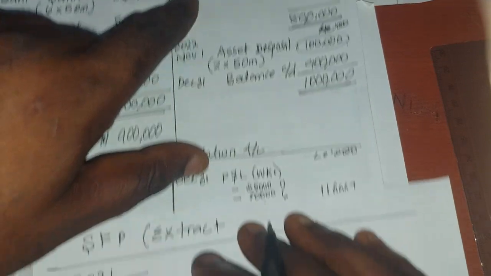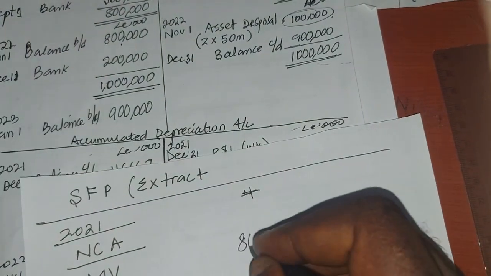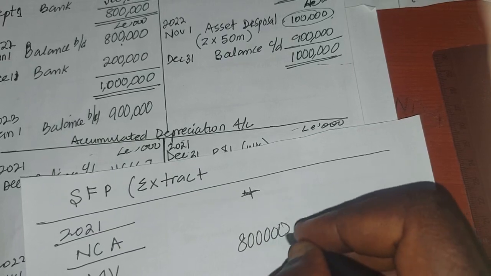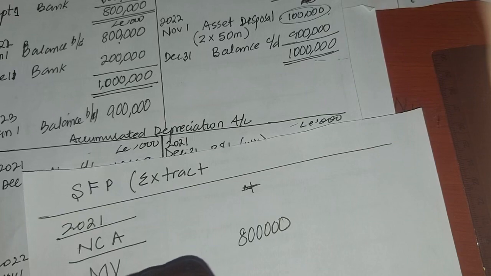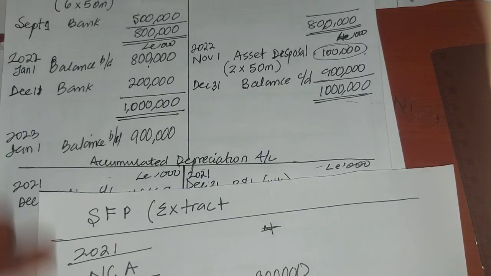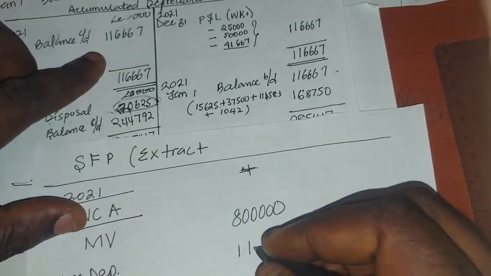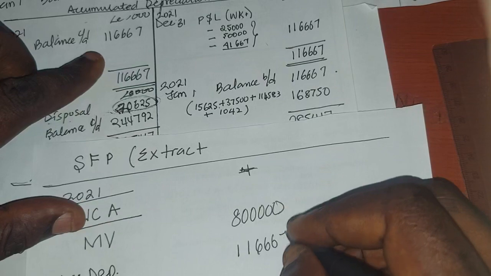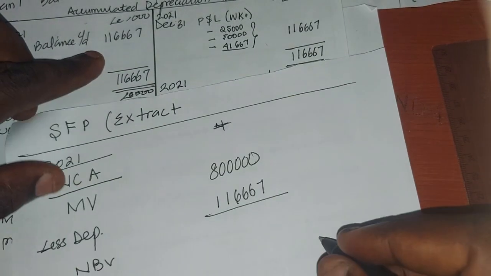So we have 800,000 less depreciation. Accumulated depreciation as at December is 116,667. So our net book value or carrying value.